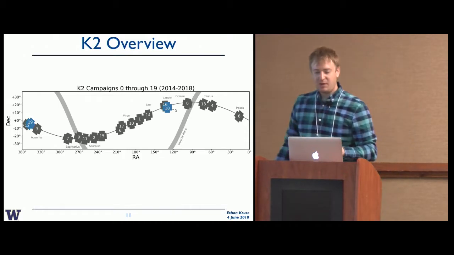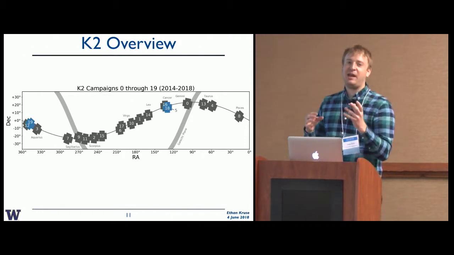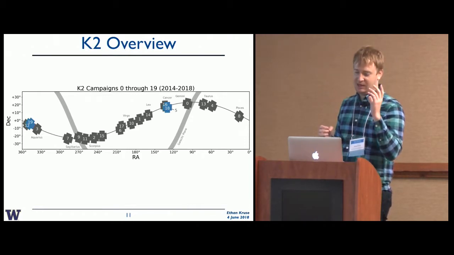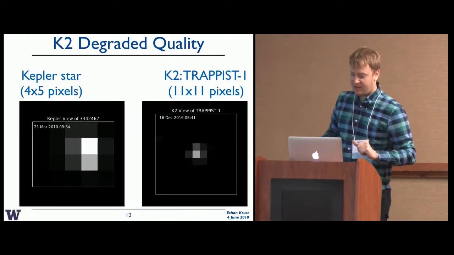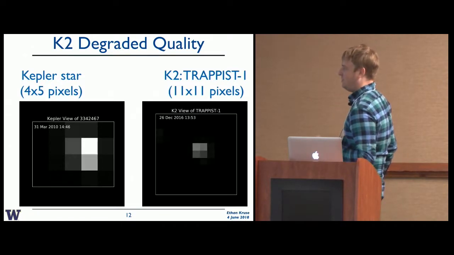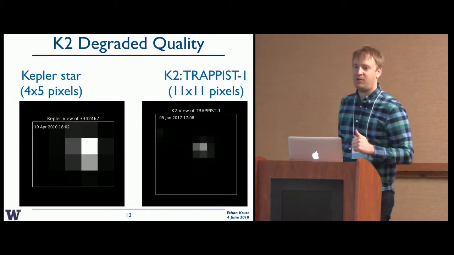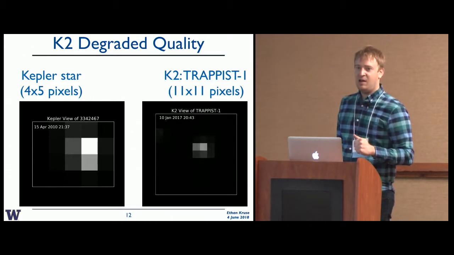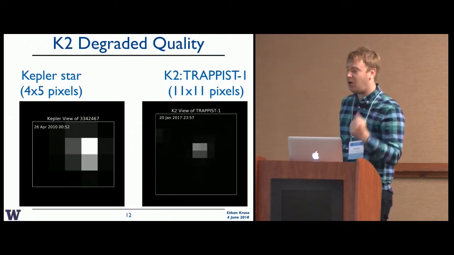The problem is, as I mentioned, it still can't finely point. And so even though it's more stable, it's not perfectly stable. And to demonstrate that, here are some GIFs. On the left is a GIF, even though it looks like a still image, of original Kepler data, and that just shows how precisely the telescope was pointed, where it got the same light from the star on the same parts of the pixels all the time.